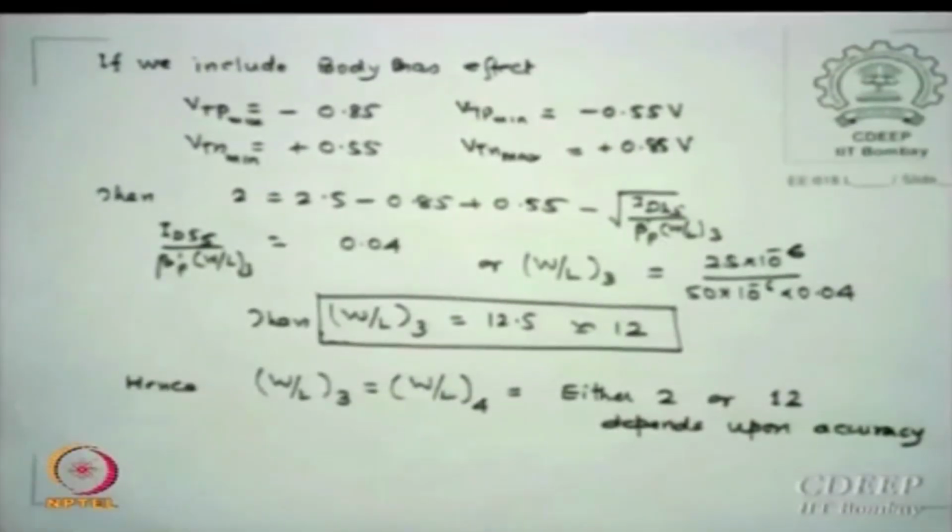Okay, so the idea now is that I got W by L3 equal to W by L4 equal to 12. For the sake of brevity you can also say 2, it's okay, nothing wrong, if everything else is satisfied. I have no objection to using 2, better if it is 2. Why? Because it will reduce capacitances, it will increase resistances, so everything is fine, and area will reduce.